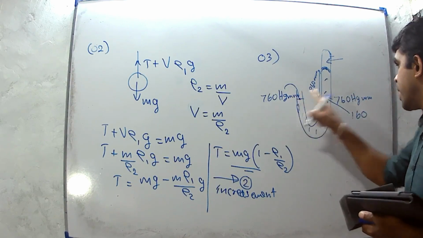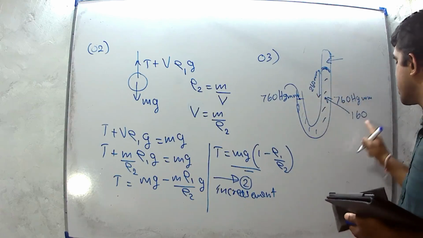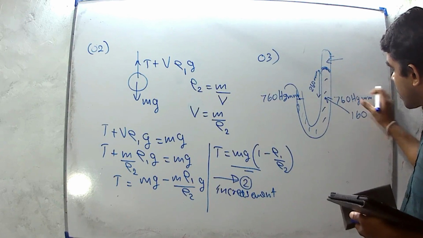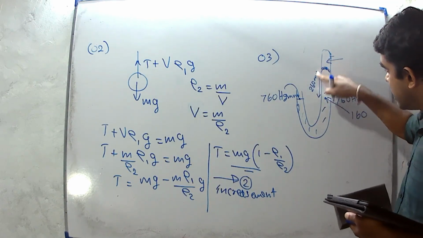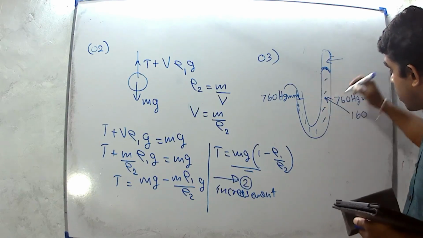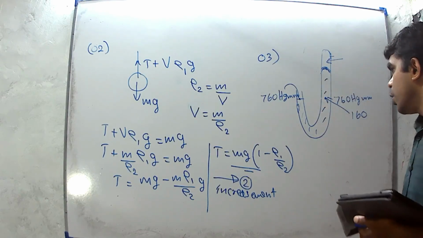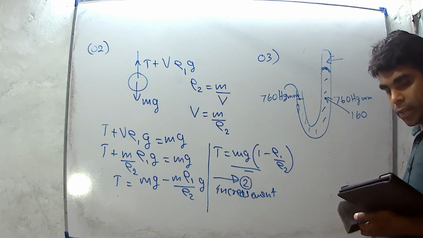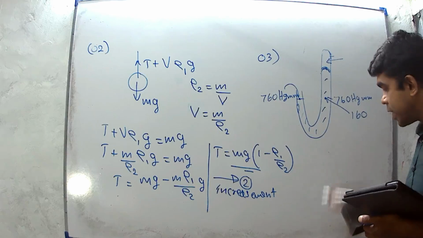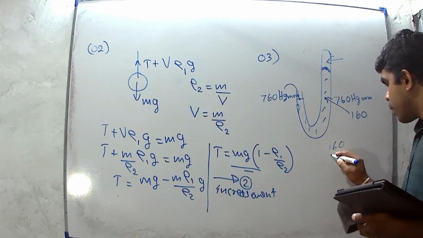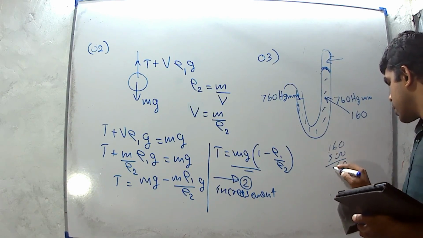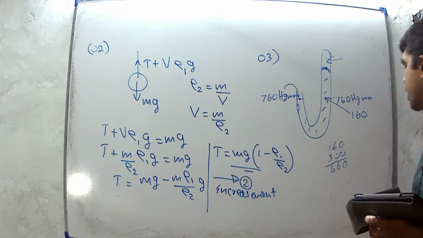We know that pressure is 760 mercury millimeters, but they have given 160 as the height value. Then we have to consider a point 500 millimeters in upward direction. 160 plus 500, 660.